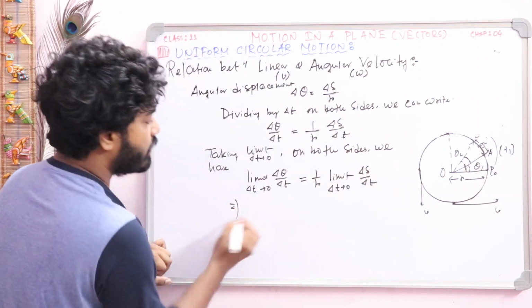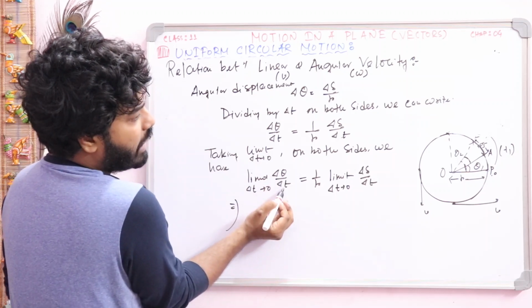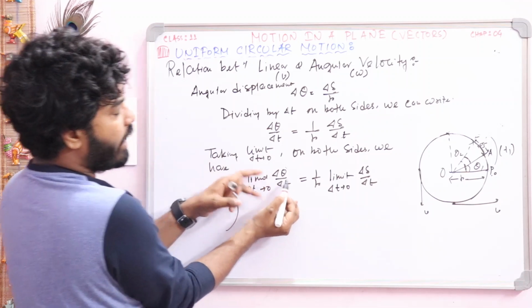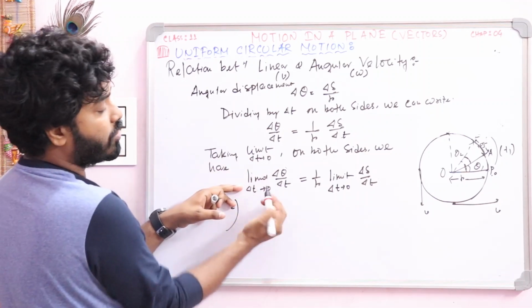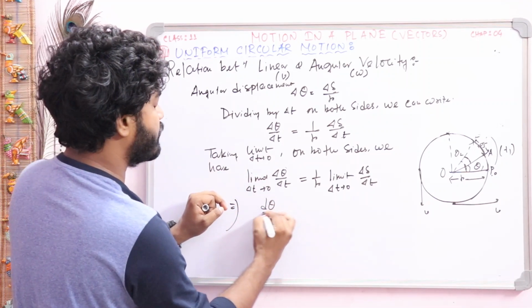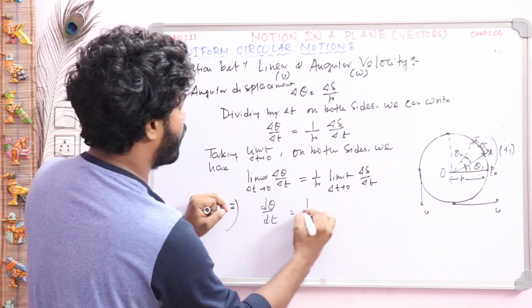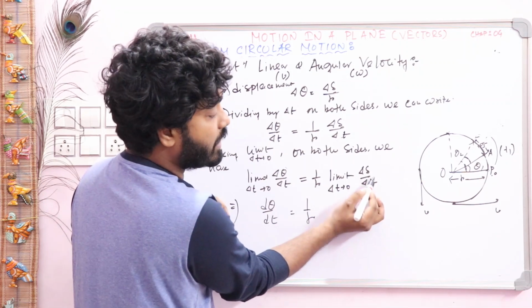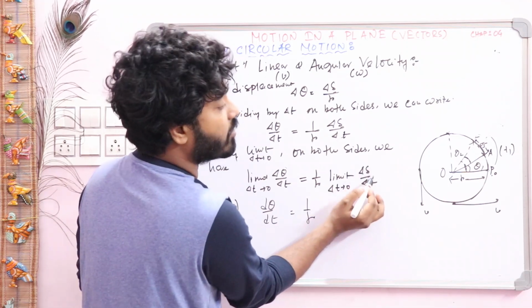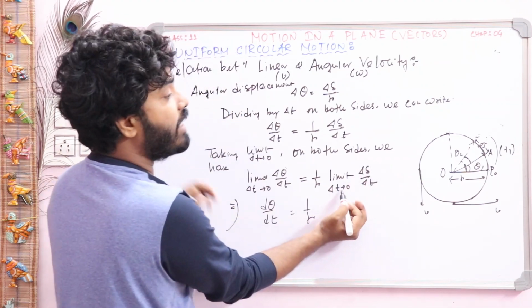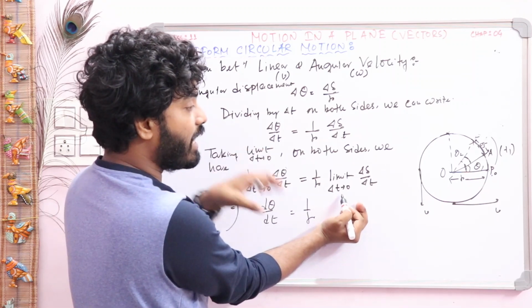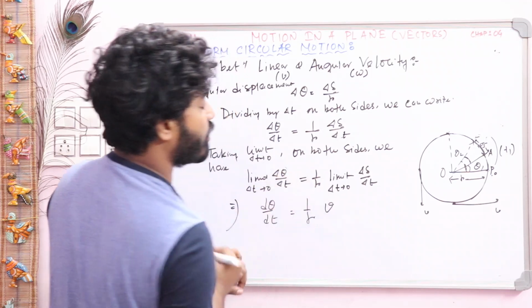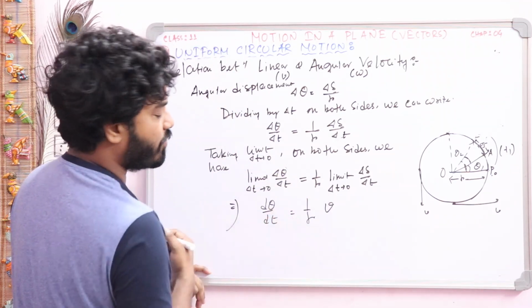Now you see, this one is the angular displacement by time interval, that is named as average angular velocity, and there is limit del t tends to 0, so this one will be d theta by dt, and here 1 by r. You see, this is the linear displacement by time interval, that is the average linear velocity, and there is limit del t tends to 0, that is the average linear velocity at a particular instant. So this one will be the instantaneous velocity, which is named as v.